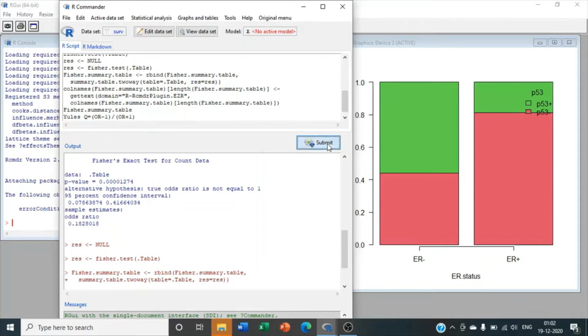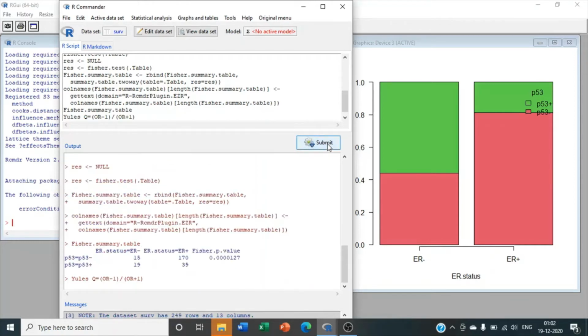So just remember this, Yule's Q is equal to odds ratio minus 1 divided by odds ratio plus 1. In this case, this will range from minus 1 to plus 1 with 0 in the middle. An odds ratio of 1 will correspond to a Yule's Q of 0.